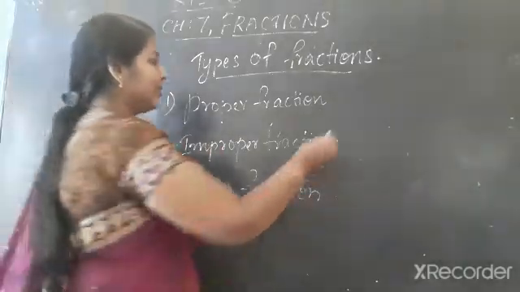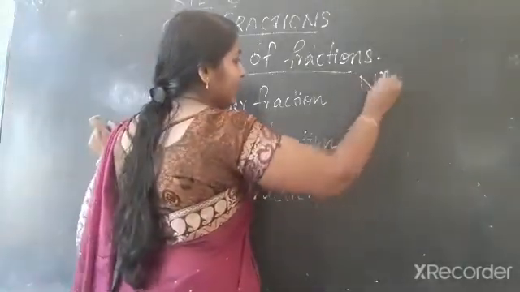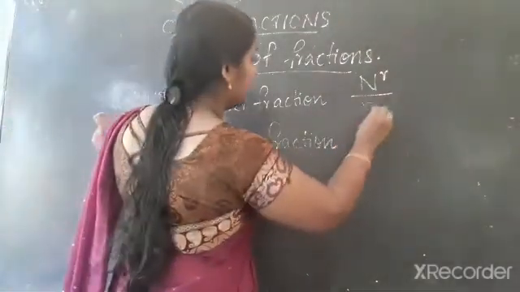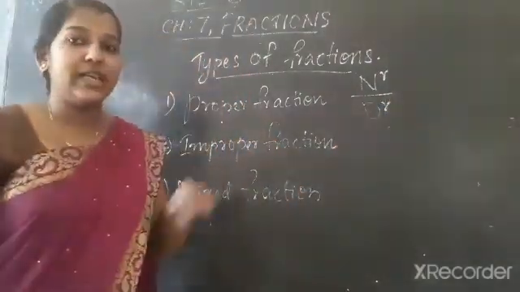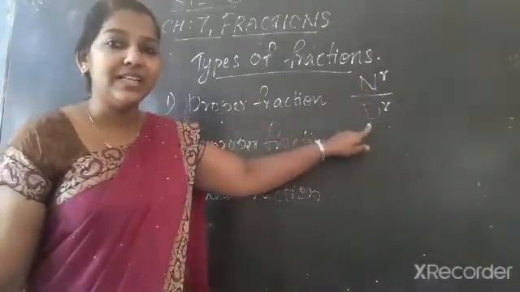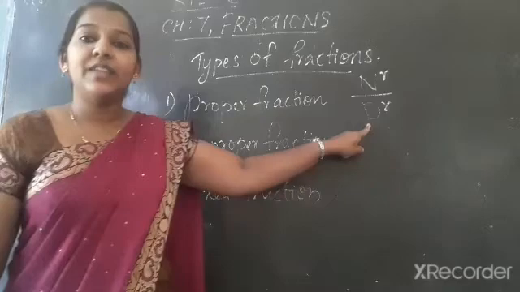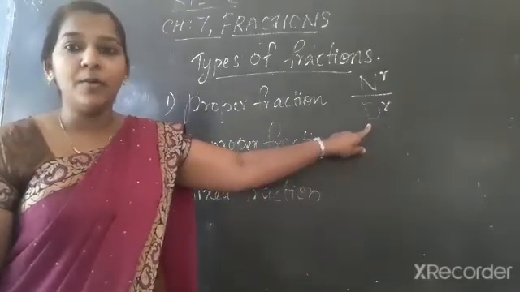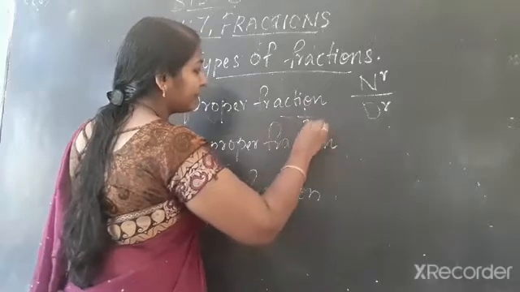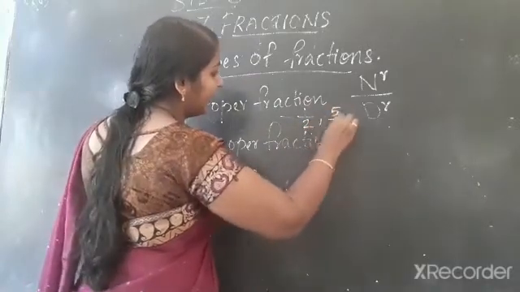Look, children, we know it is the numerator. Numerator is the number which comes above the line, and denominator is the number which comes below the line, isn't it? So, if the numerator is smaller than the denominator, then that type of fraction is called a proper fraction. An example is 1 by 2, then 5 by 10.